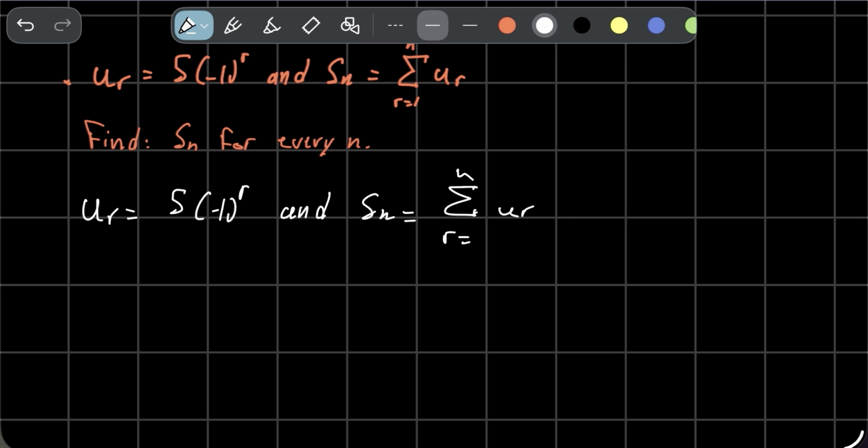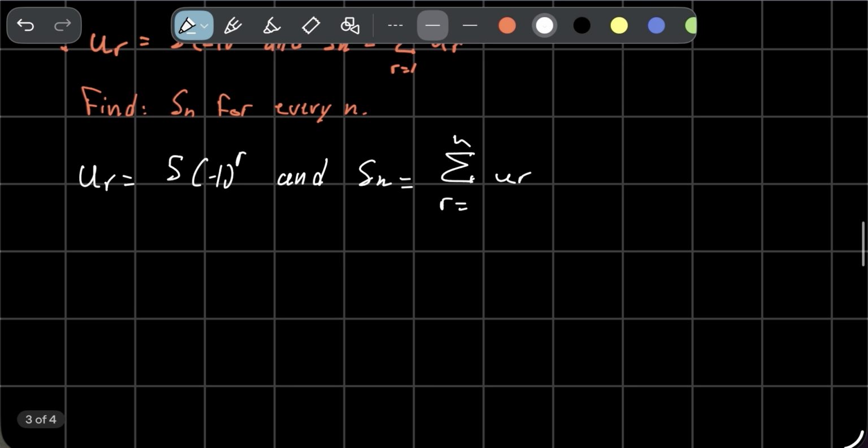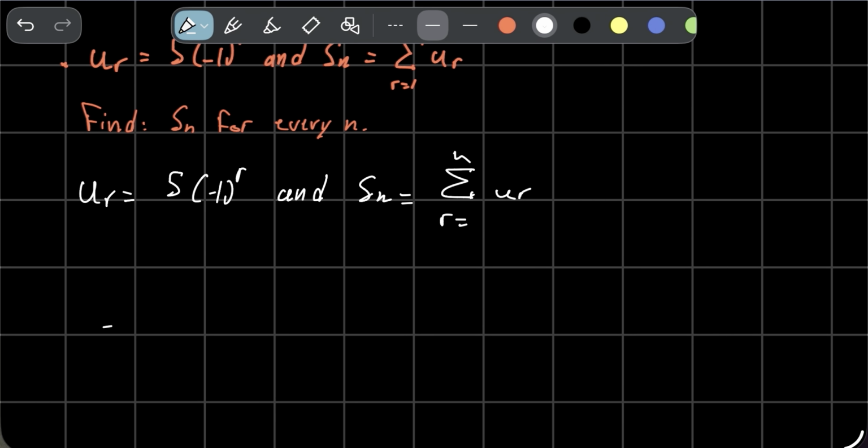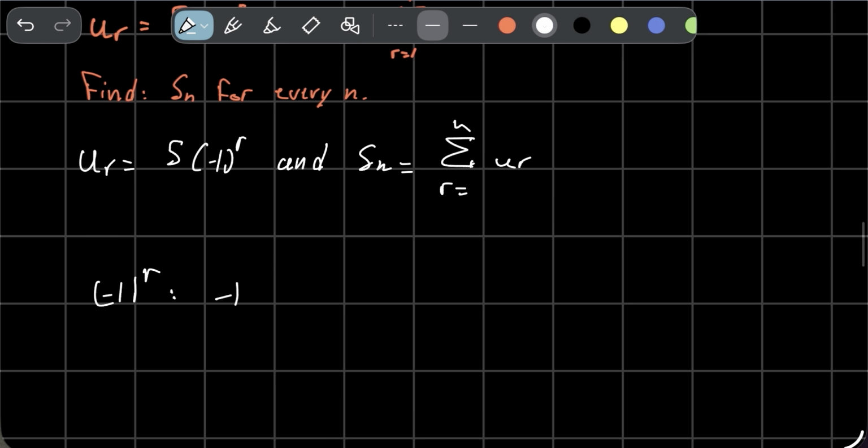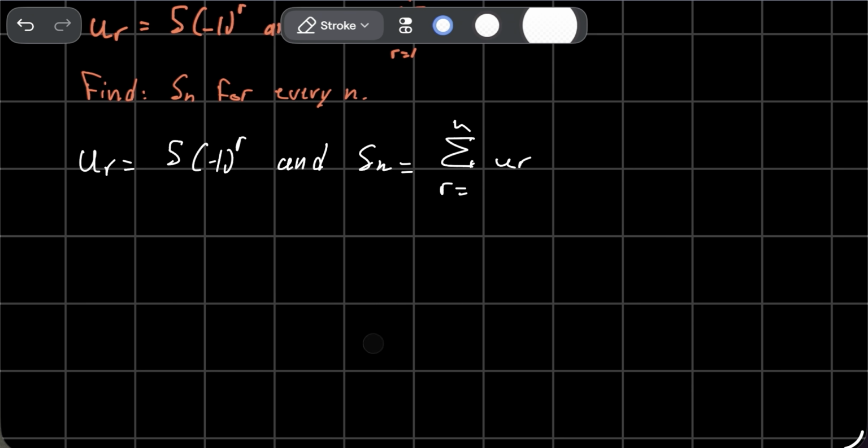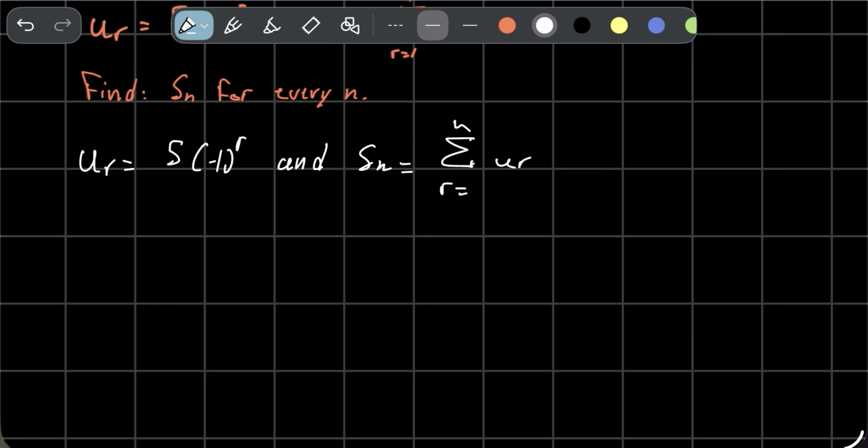But here the question meant to make a discussion. And as we saw, (-1)^r is -1 if r is odd, and it's +1 if r is even. Therefore, for this question, we want to make a discussion.